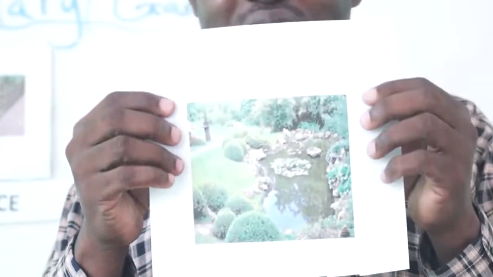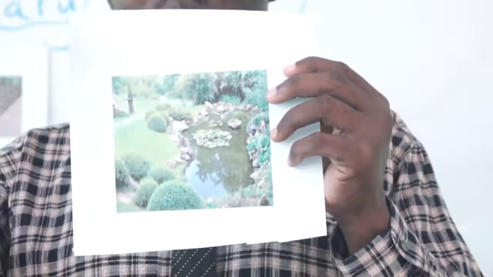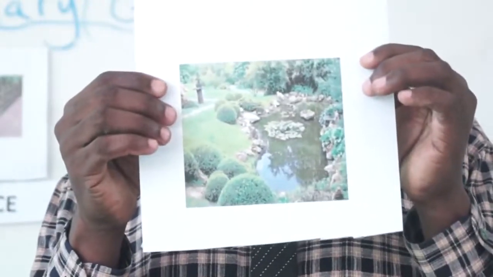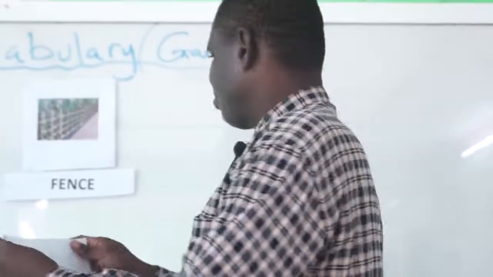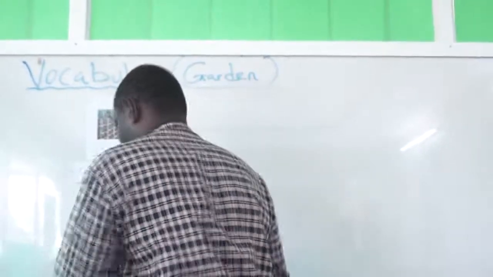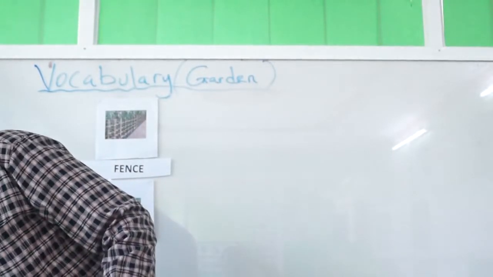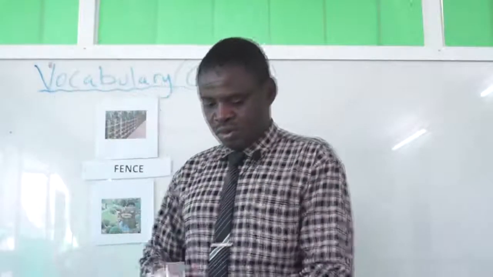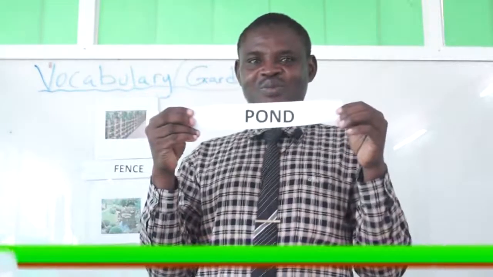When you go to this place in the garden, you can find some maybe fish and other things, and then surrounded with some few flowers and then rocks just to beautify the place. So this is a pond.